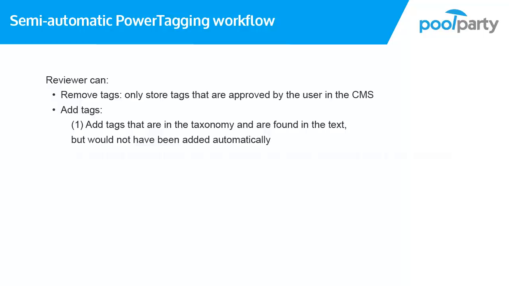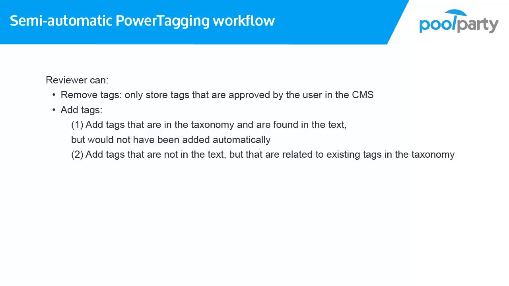As a second option, you could add tags that are not mentioned explicitly in the text, but that are related to existing tags in the taxonomy. With this, you would be using the taxonomy structure to identify tag suggestions. As an example, you could suggest tags that are siblings in the taxonomy of tags that are already added to your content.